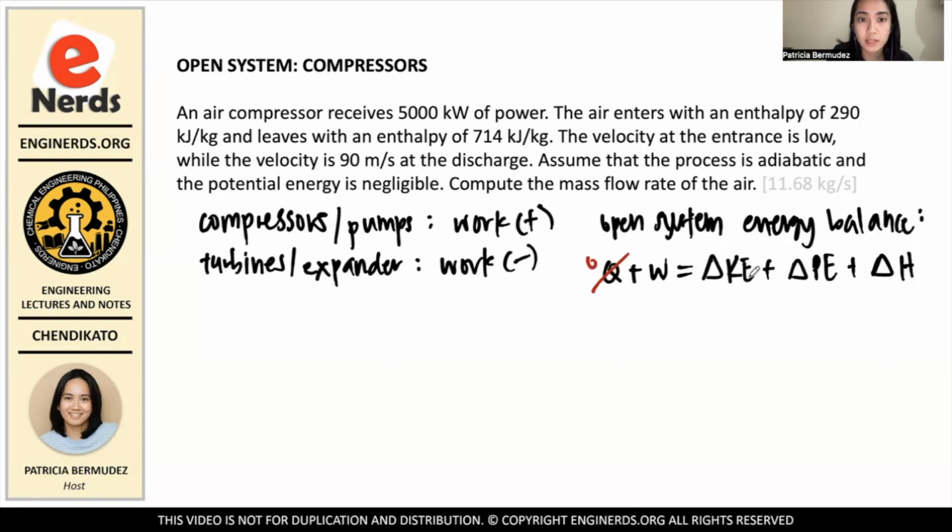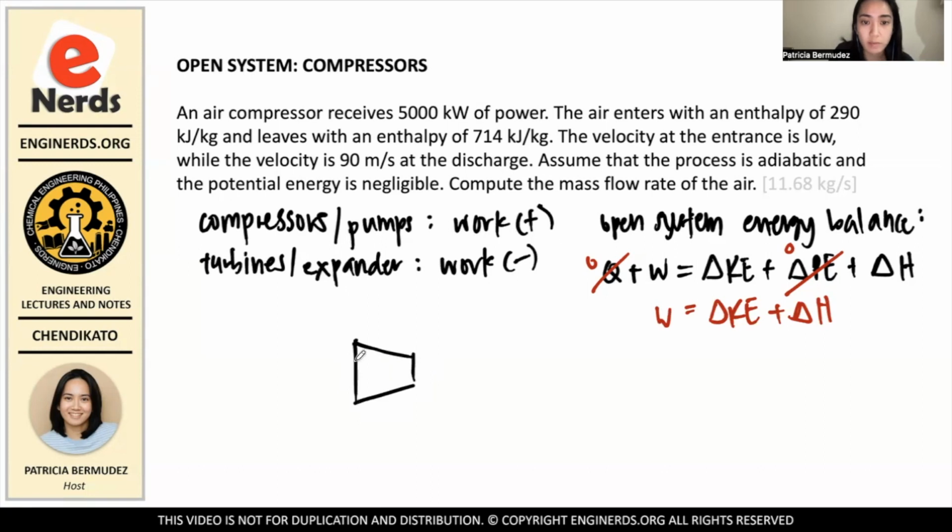And the potential energy is negligible, so yung delta PE natin is 0. So ang magiging equation natin for this problem is work is equals to change in KE plus the change in enthalpy.